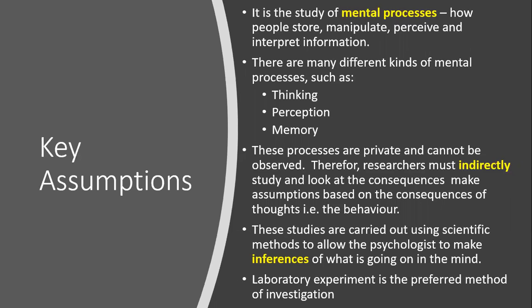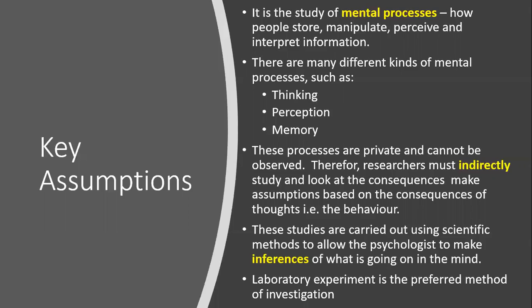And the most dominant type of research method within this approach is the laboratory experiment, because the laboratory experiments will allow us to get the objective data that we need so that these inferences can be made. Remember, inferences means that we can make conclusions based on the evidence produced through the research.